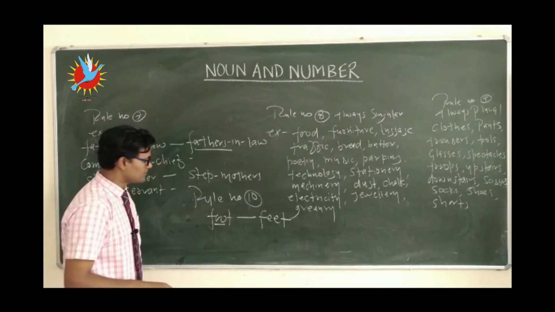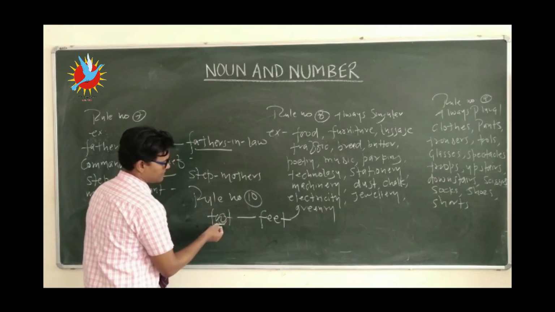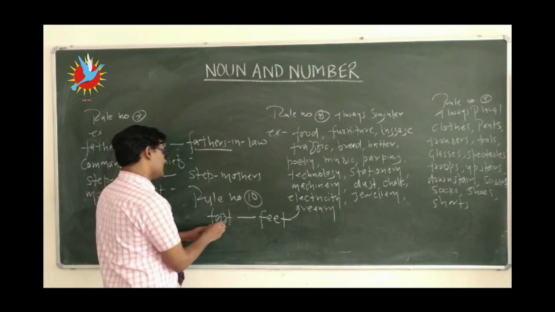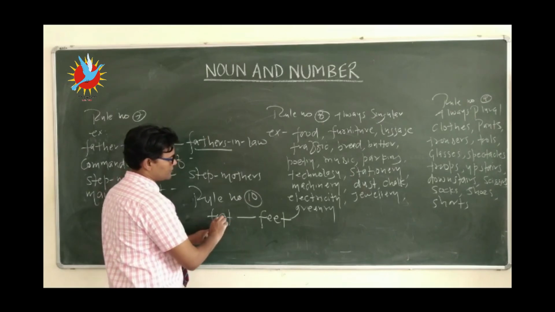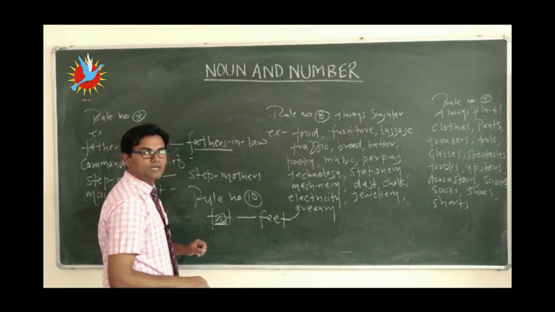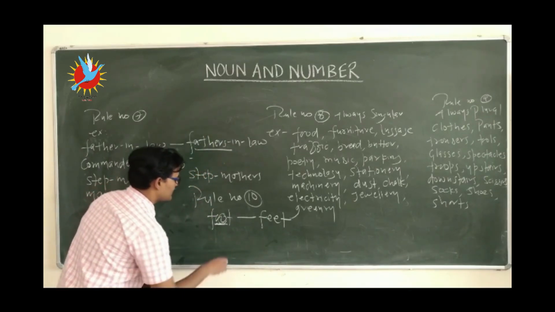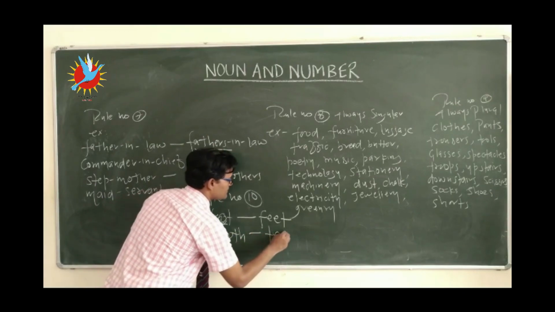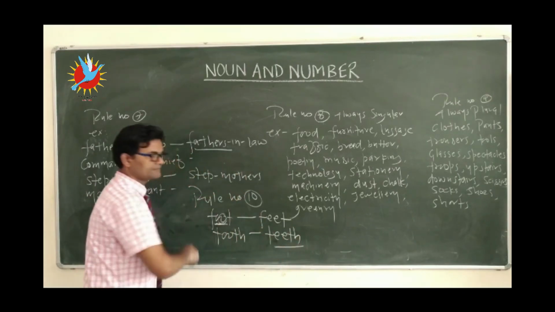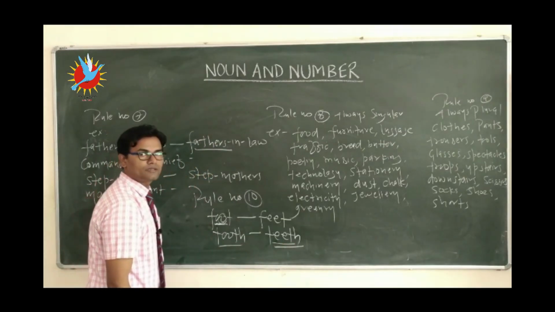Getting my point? Here, this is a vowel. I have changed it. Okay, we need to change the vowel letter of this noun. Foot becomes feet. Are you getting my point? Okay, one more example, like tooth. It becomes teeth. It is plural and this one singular.